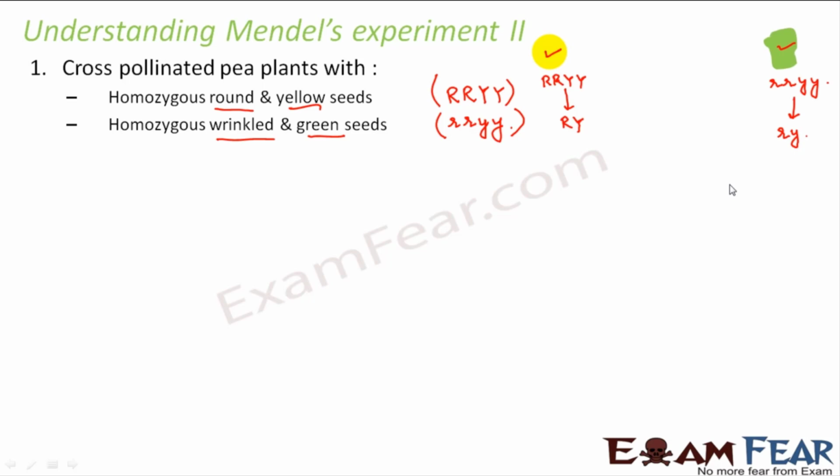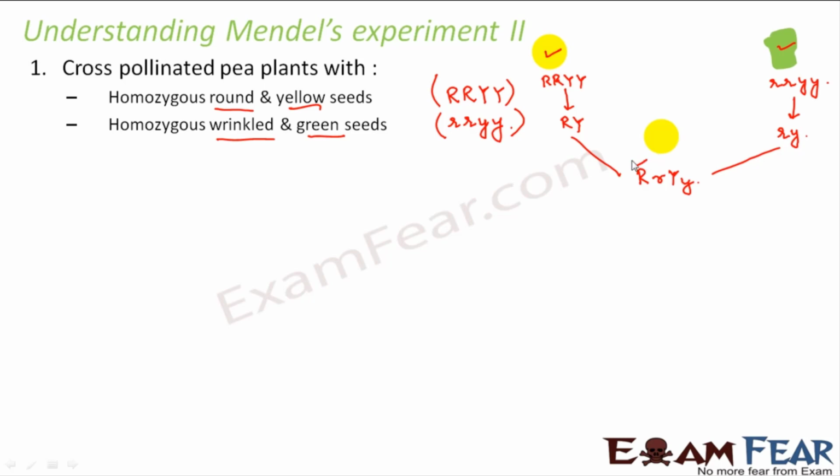Now what are the possible ways in which they can combine with each other? The various ways by which they can combine will give us a result like this: capital R, small r, capital Y, small y. So this was the F1 generation. He found that in the F1 generation all the seeds were round and yellow.